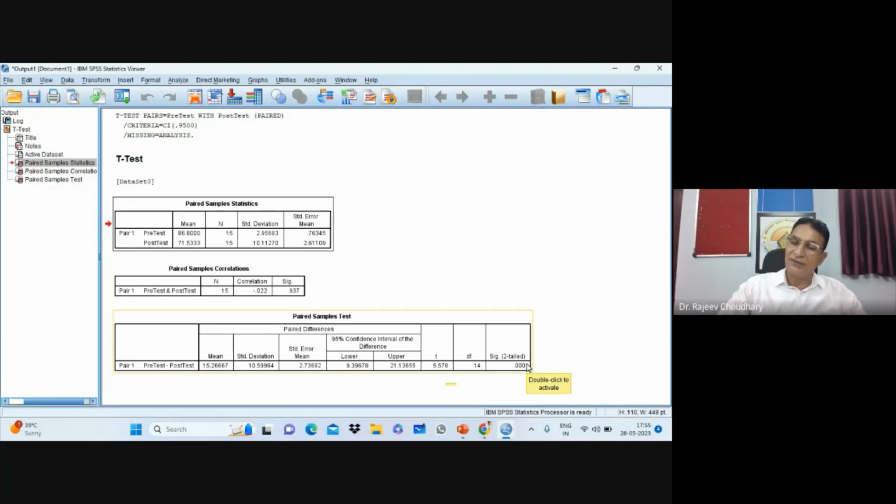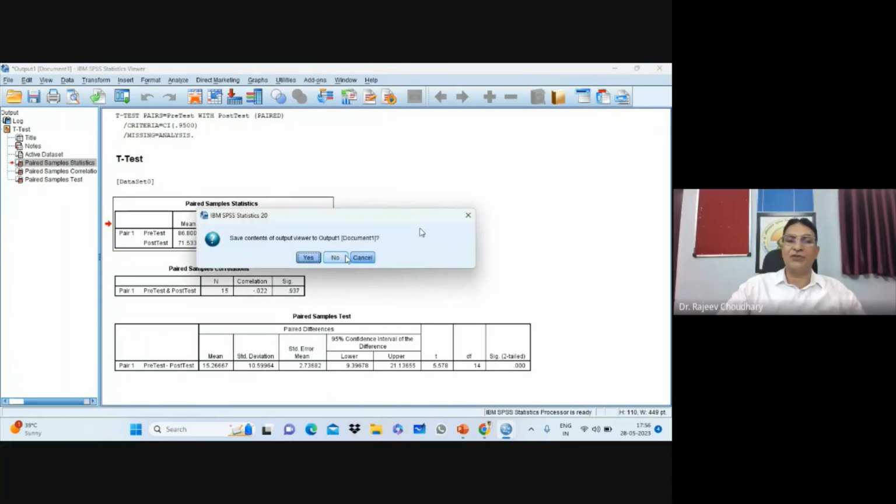It means there is a significant difference between the pre-test and post-test scores. See the mean values: blood pressure decreases after the morning walk. It means morning walk can be considered a treatment for blood pressure. Is it okay? Yes, sir.